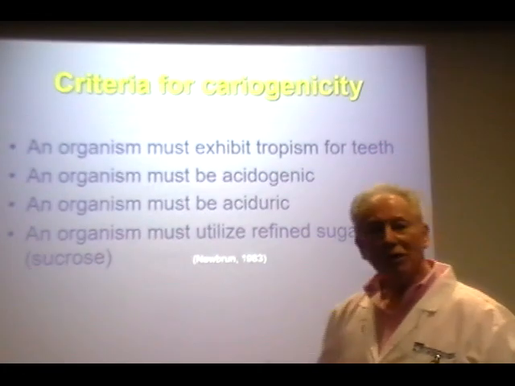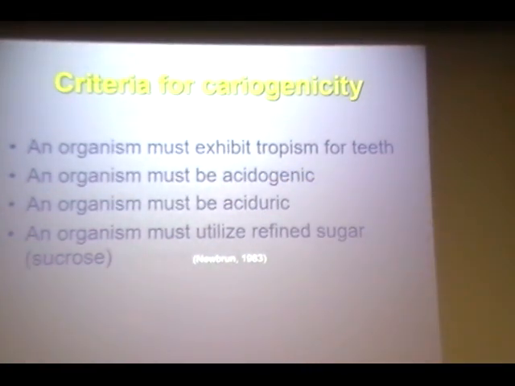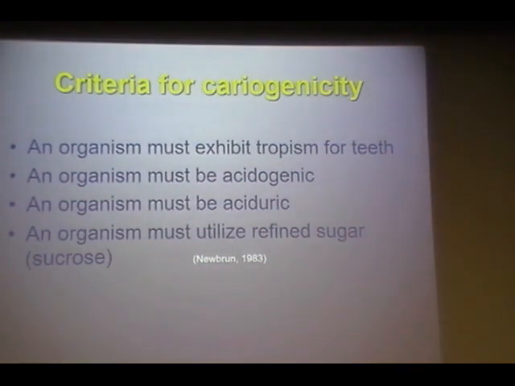And now all of a sudden we get caries. All of these things have a common denominator: sugar. So those are the 4 criteria established by Ernest Newbrun, probably the most noted cariologist of the 20th century, from UCSF. He had a fantastic cariology course that I listened in on when I visited him at UCSF.